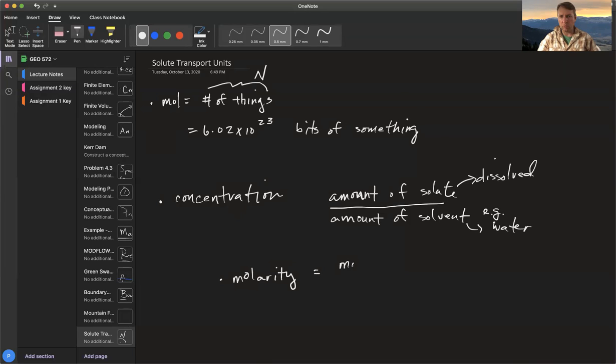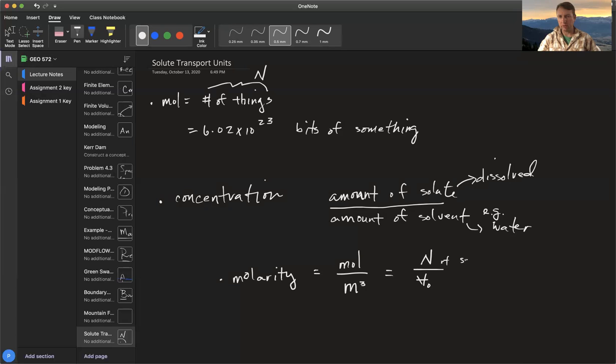Molarity is the moles of solute per meter cubed of solvent. So we can think about this as the number of things over volume of solvent.